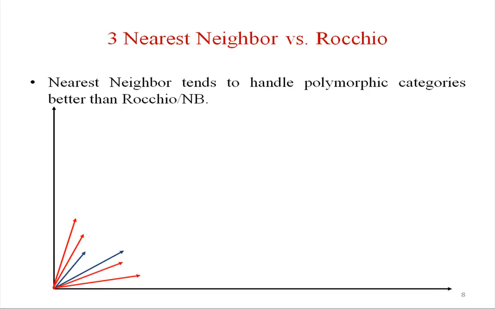In between there are 2 arrows in the vector space which represent documents with the blue label. Now this is a document represented with the black label in the vector space.